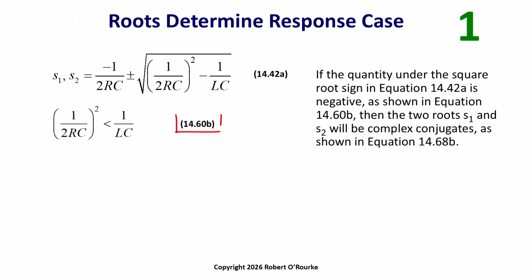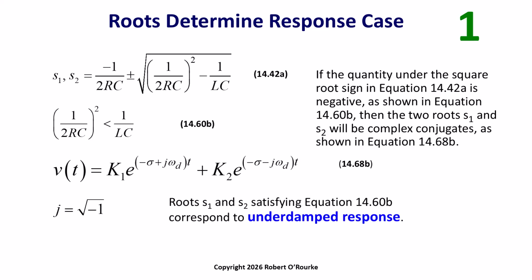Equation 14.60b gives the criteria for underdamped response. When equation 14.60b is true, the quantity under the square root sign in equation 14.42a is negative, resulting in complex conjugate roots indicative of underdamped response.